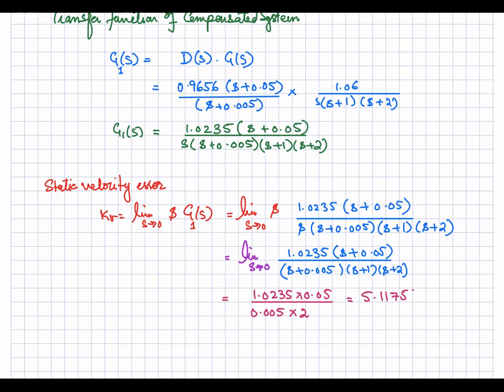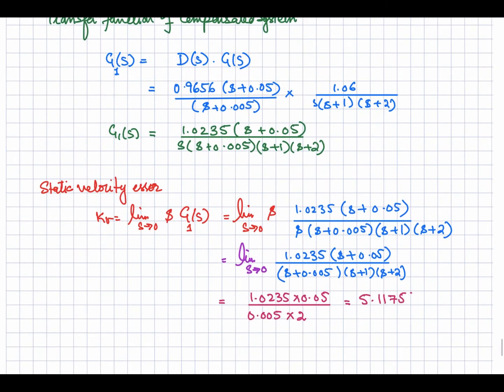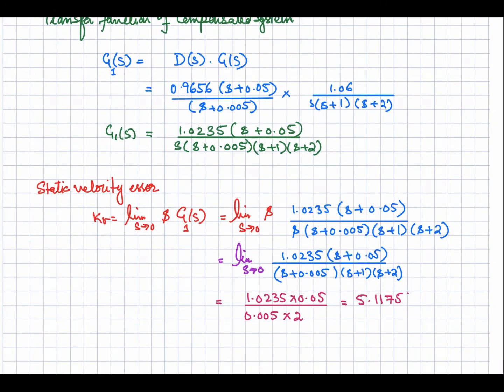Applying this limit, the s and s cancel out, and putting s equal to zero and simplifying, we get 5.1175. Our desired value of Kv was equal to 5. So we have a much higher value of the gain, so the steady state error will be reduced.